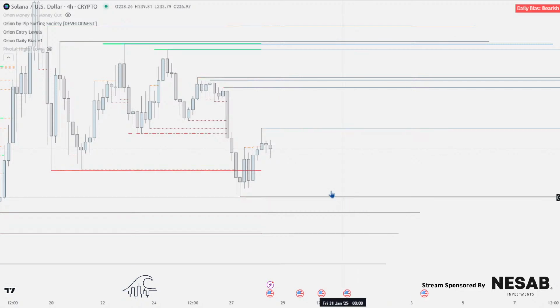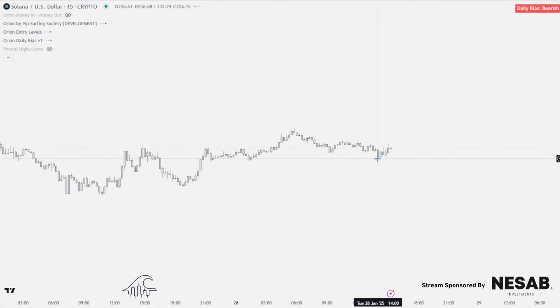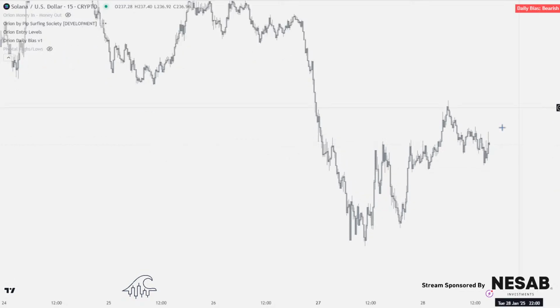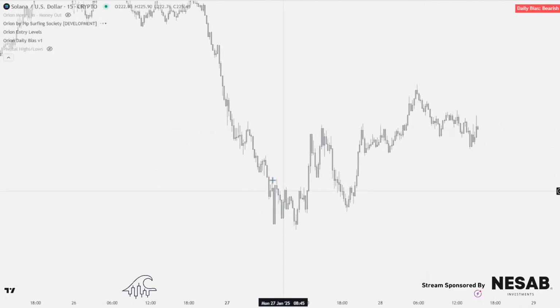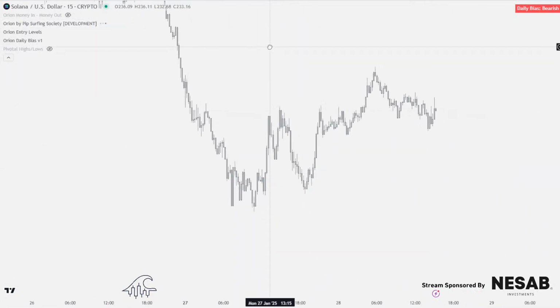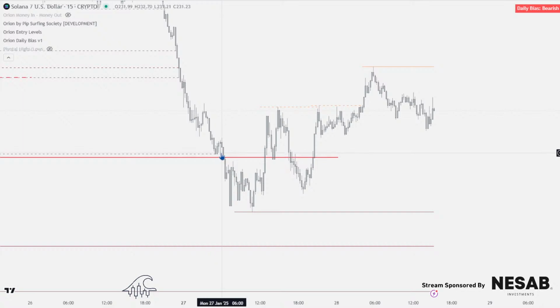Hmm. Bearish. We ran the daily low there. We run the daily low down here, once this decides to load, you'll see it. Here, run the daily low here, and we get our first bullish move here.